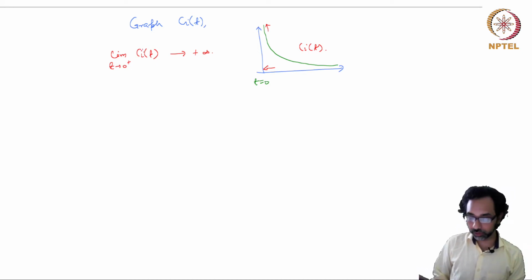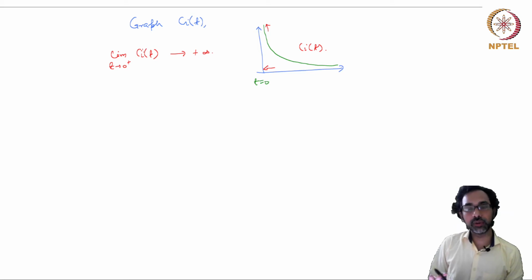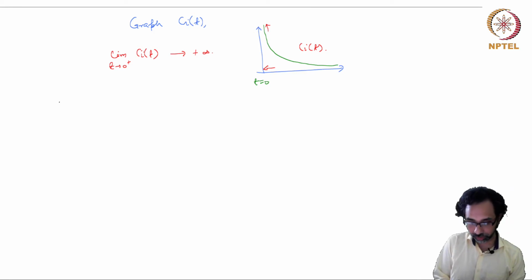And we have to be careful using our formulas when these kind of functions appear, because you cannot use, for example, the derivative theorem. So this implies that the derivative theorem cannot be applied to this function.